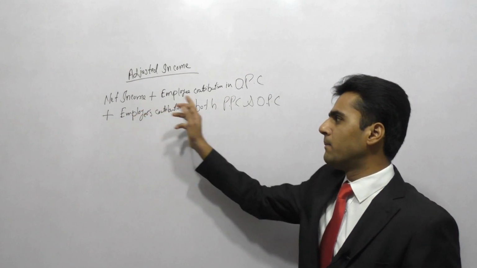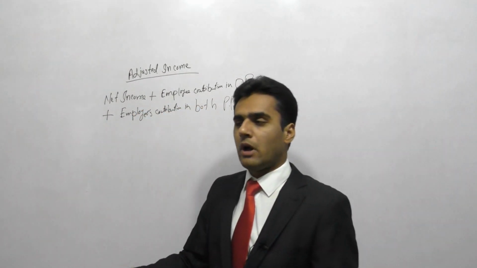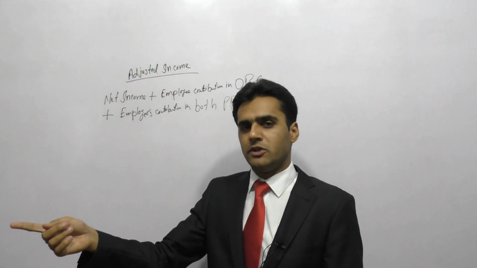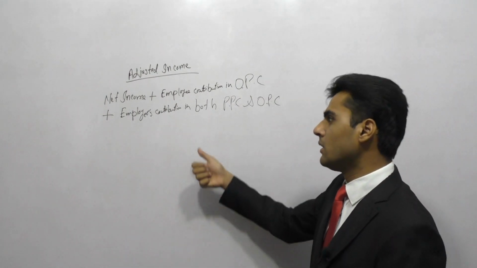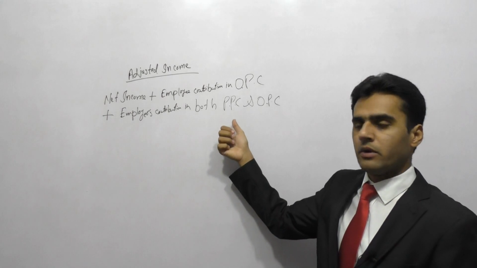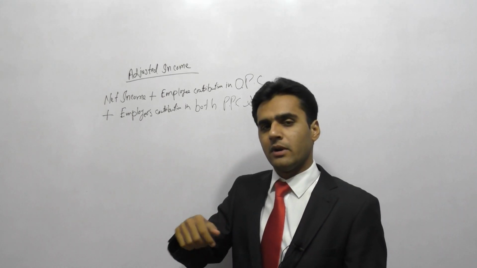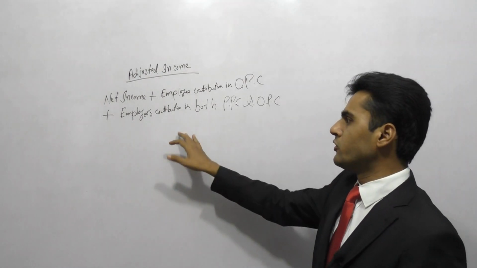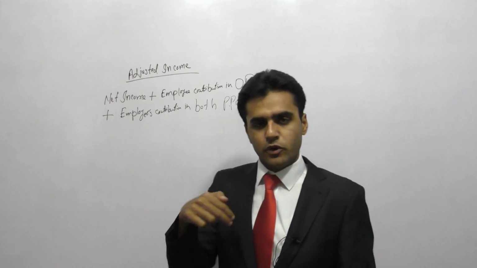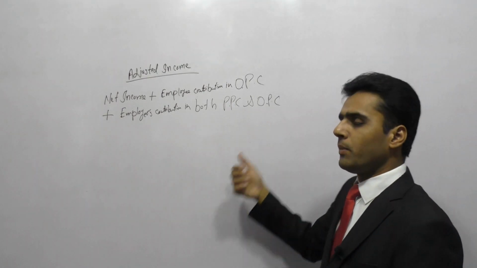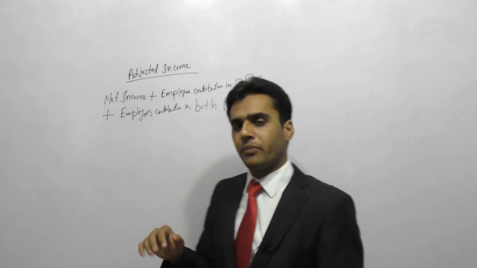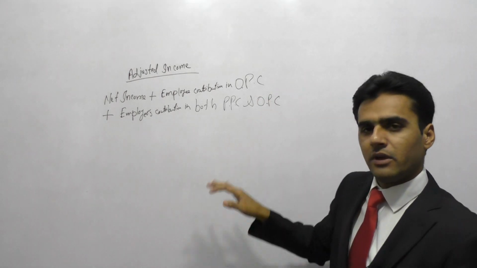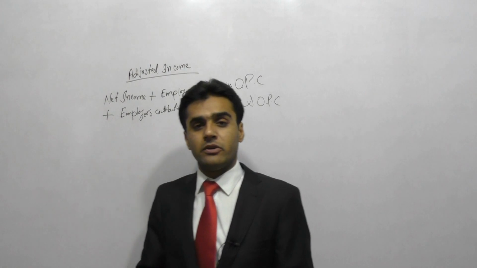So my net income plus my contribution towards the occupational pension scheme plus my employer Accountancy Tube's contribution in my personal pension contribution, because it's the employer's contribution, and in my occupational pension scheme. All right.